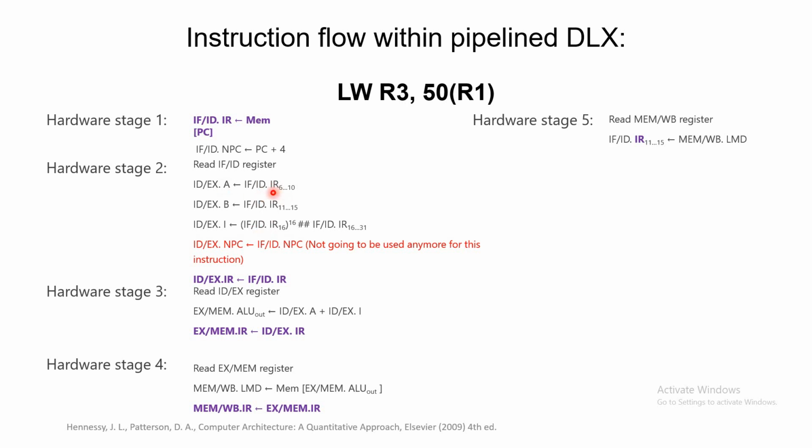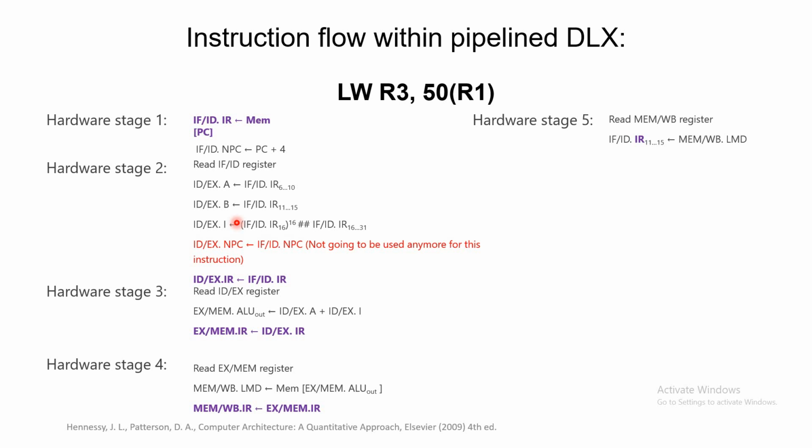From bit number 6 to bit number 10 will go to A, the address of the register given there. Similarly, for bit number 11 to 15, whatever combination these 5 bits provide, accordingly the data of that particular register will move to temporary register B. The immediate data from bit 16 to 31 will move to the immediate latch.